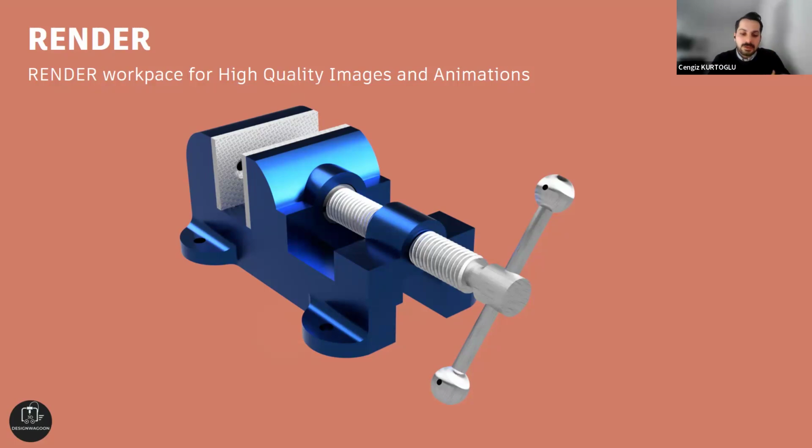I want to give you a tip about the render workspace. If you want to create animations for your assembled parts, you can create a motion study, and after that you have access to render these motion study analyses.